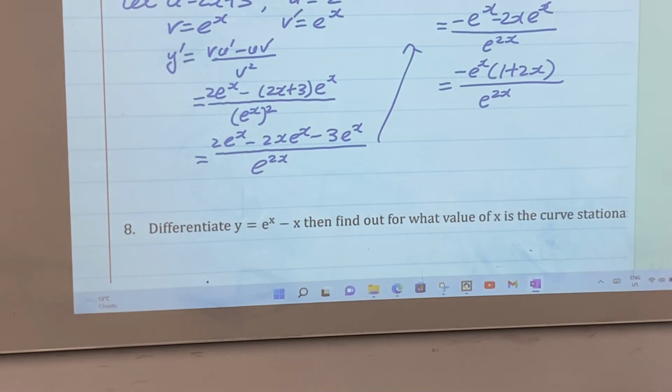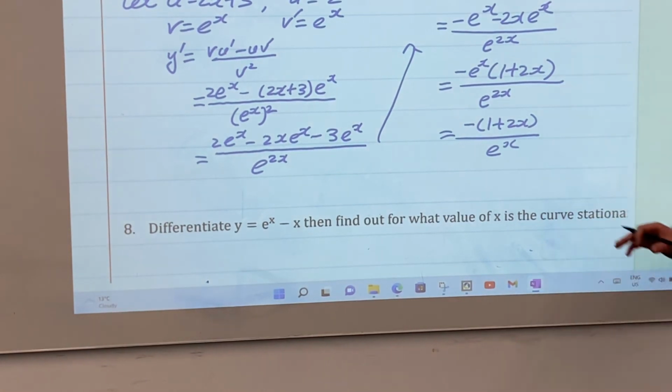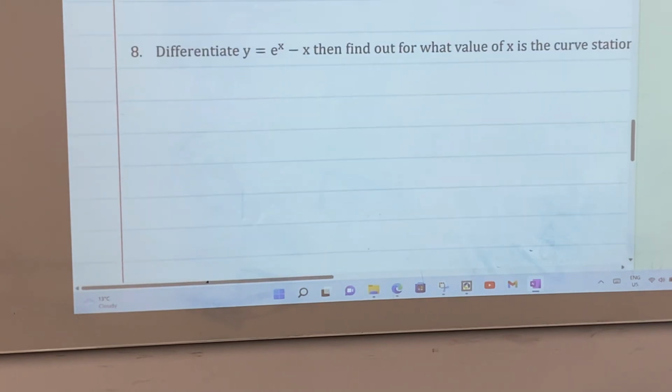Again, this is a year 9, year 10 skill now. So the answer is minus 1 plus 2x, e to the power x. Okay, all I have done is quotient rule, but towards the end, a bit of factorizing skills is needed. All good? Let's move on.